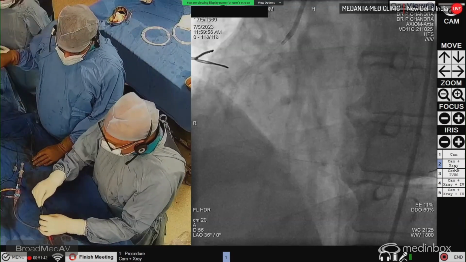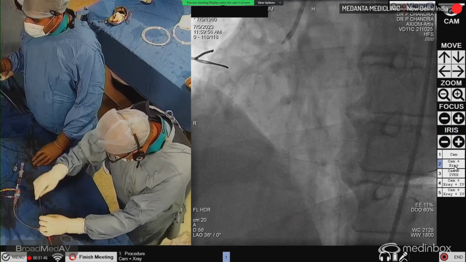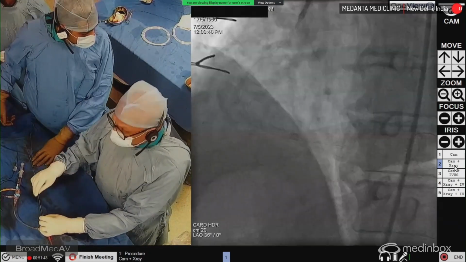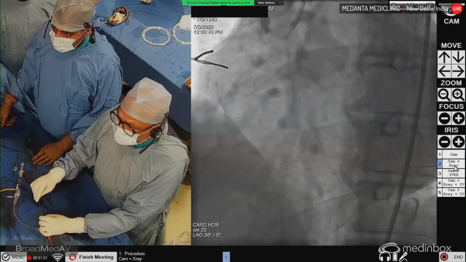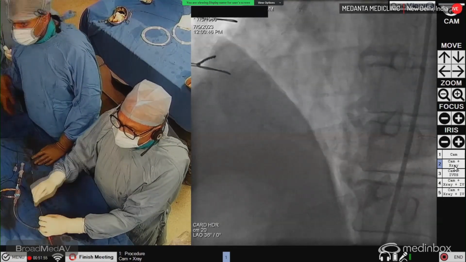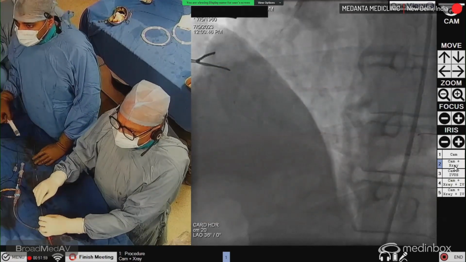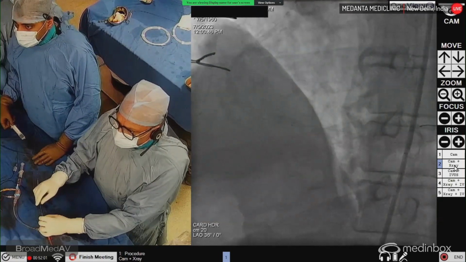How much heparin have we given? 10,000, ACT. Can we give some 2,500 more? 2,500 more. Yeah. Okay, so I will move this catheter and see how it is moving. Up till now, no problems.